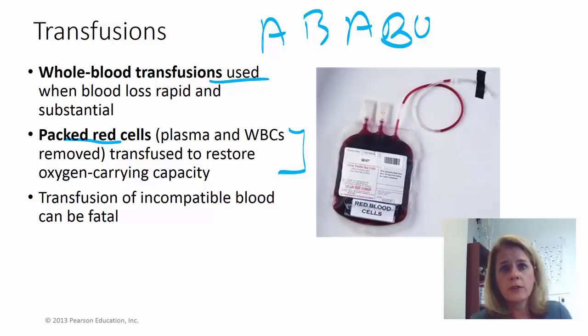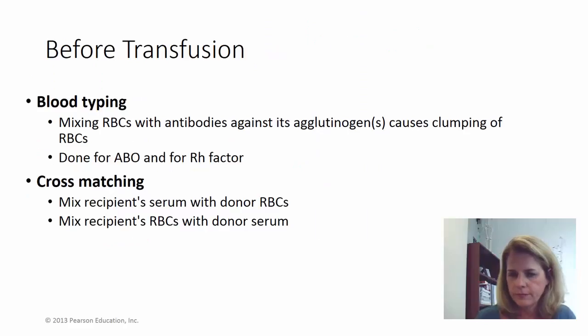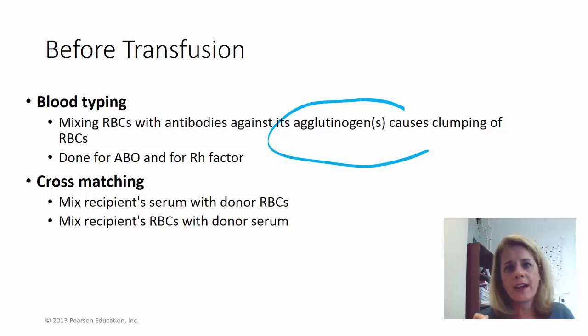But either way, you've got to make sure that you're giving the right blood to the right person. Okay, you've got to know the blood type, because if you give an incompatible transfusion, that can be fatal. All right, so we want a blood type. So again, if you haven't watched that video, make sure you learn about blood typing. So you want to make sure that you're not mixing antibodies, okay? Because if you're mixing A, B, and O antibodies in the wrong type, you're going to get that agglutination, okay, and you're going to get that clumping, and that can cause clotting and then severe problems and blockage of arteries and things like that.